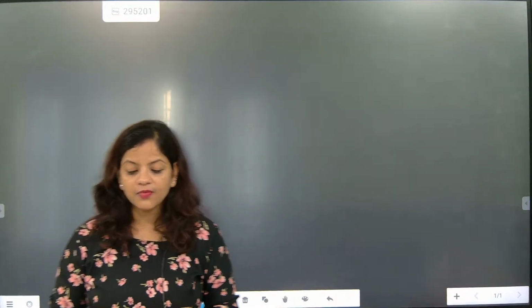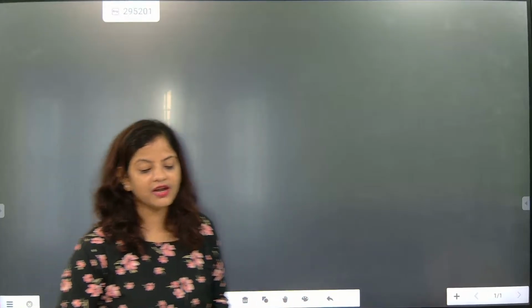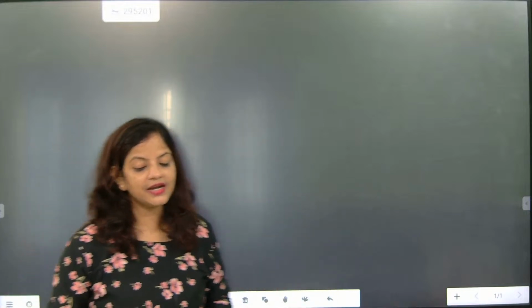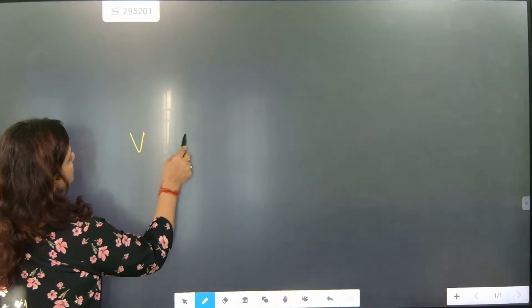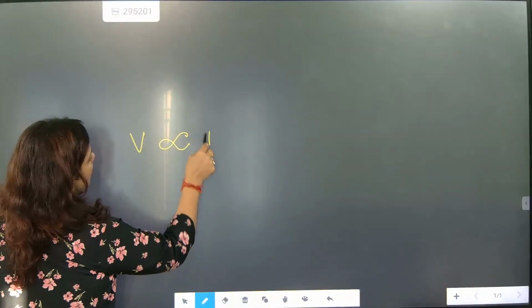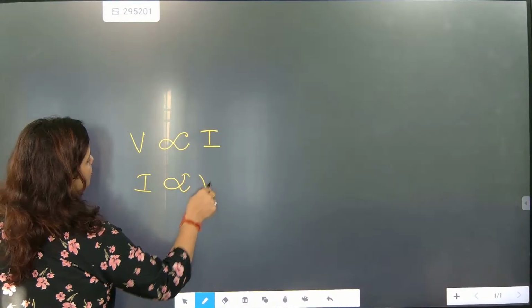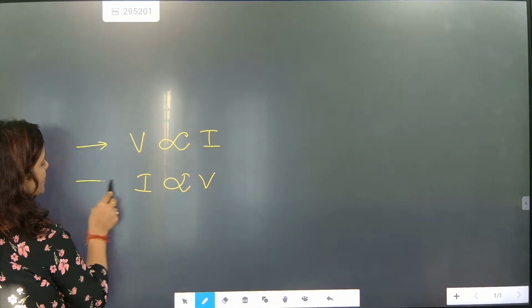Potential difference is directly proportional to the flow of current. So which one is more applicable: V is directly proportional to I, or I is directly proportional to V?